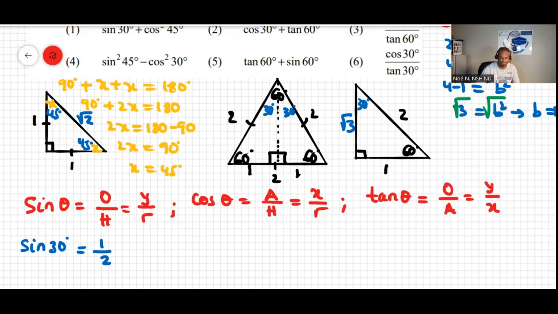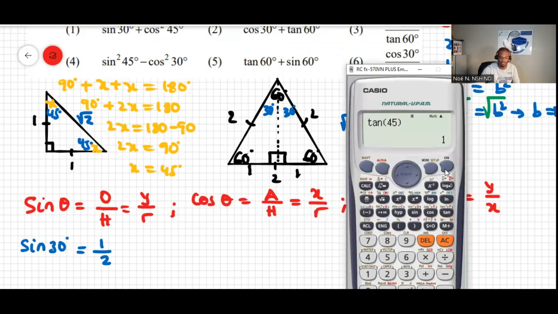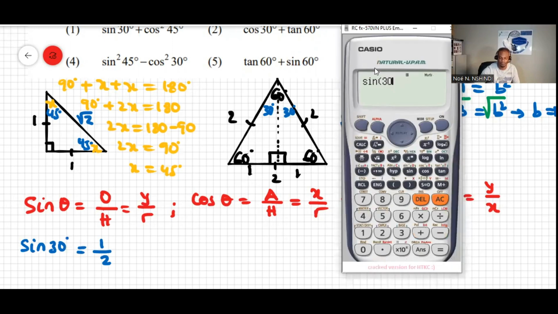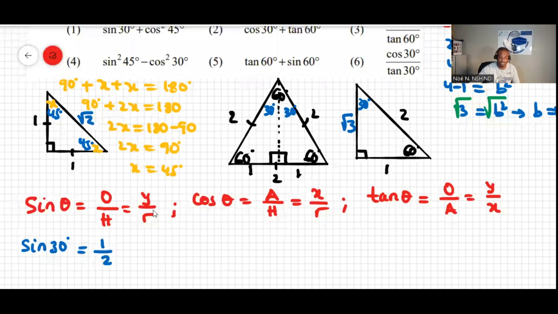You can check that in the calculator. Sine of 30 degrees is equal to a half. You see, we find the value of this special angle, the 30 degrees, without using a calculator.